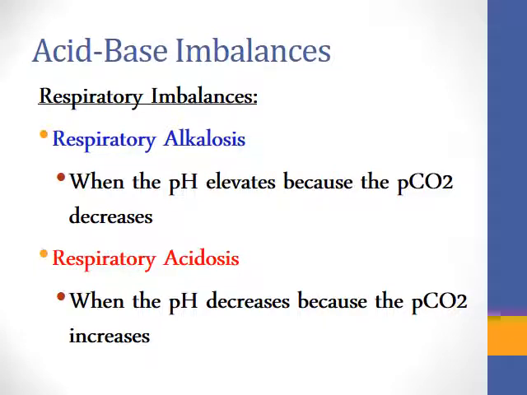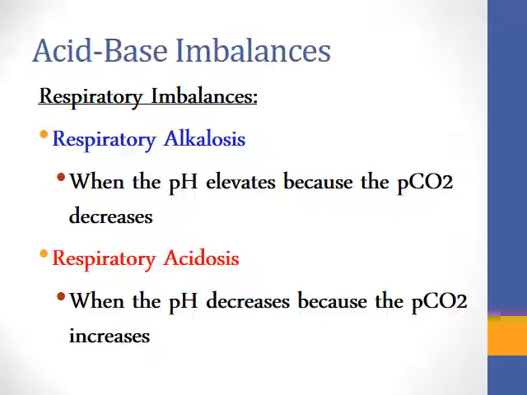So when you hear these terms, you'll hear them interpreted this way. Respiratory alkalosis is when our pH elevates because the PCO2 decreases. Remember, I said your CO2 is your respiratory or your lungs, and your bicarb or your HCO3 is your kidneys. So that's how you're going to tell if it's respiratory or metabolic.